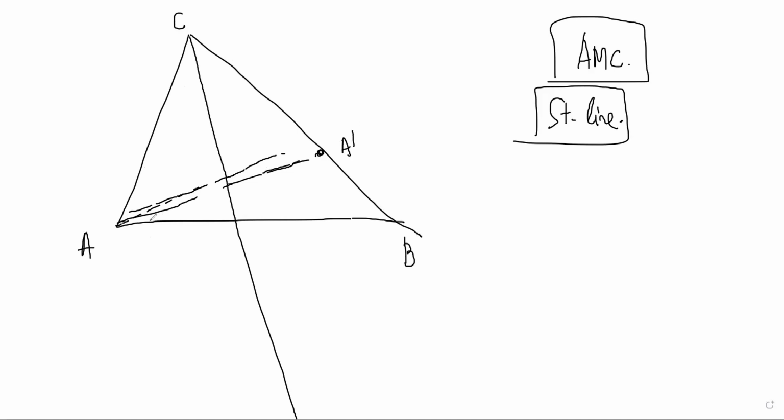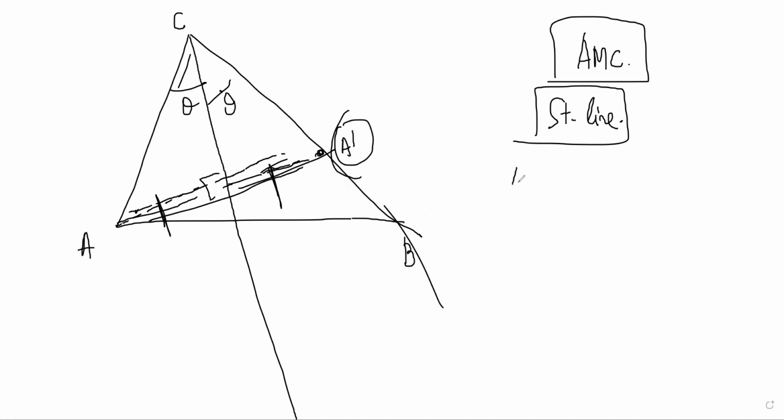If this 90 and this are equal, then obviously the triangles will become congruent, theta, theta, right? So A dash has to lie on BC.